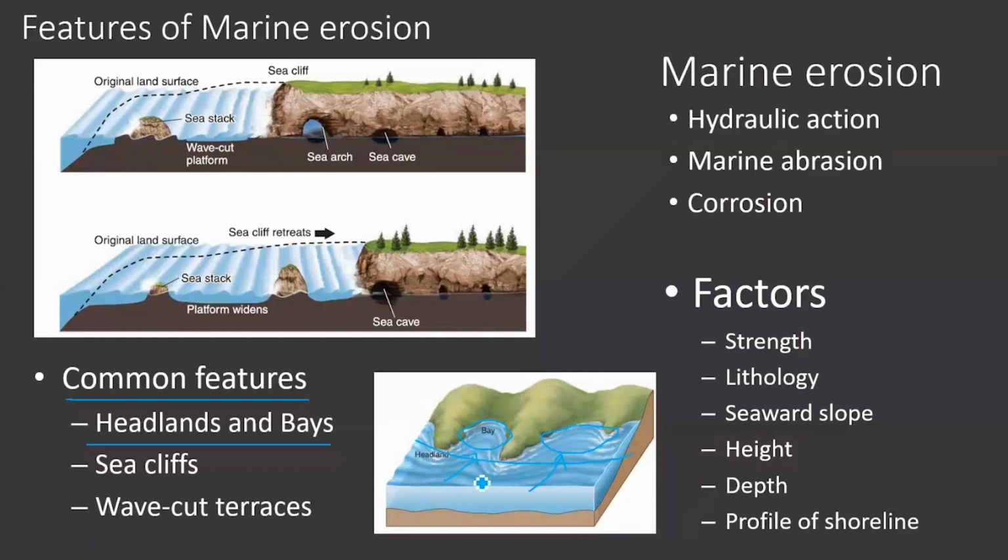As a result, this part eroded more compared to this part. This creates a wavy or undulatory shoreline which earlier was straight. This portion is called the headland, and the eroded portion is called the bay.